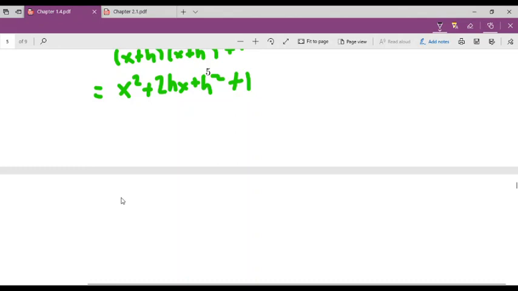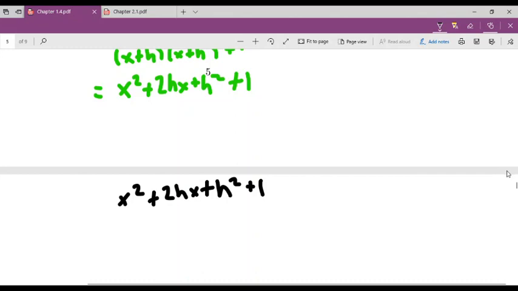So we found this first part. I'm just going to repeat it. x squared plus 2hx plus h squared plus 1.